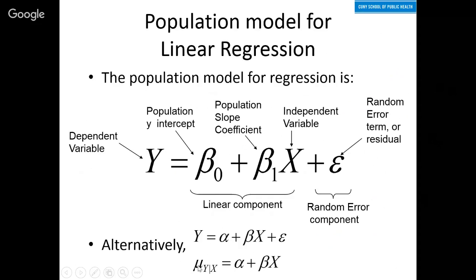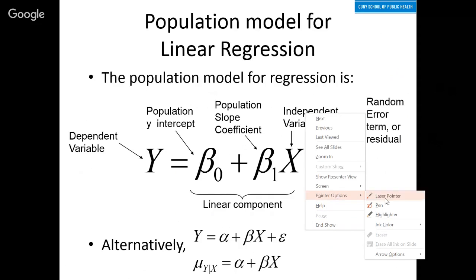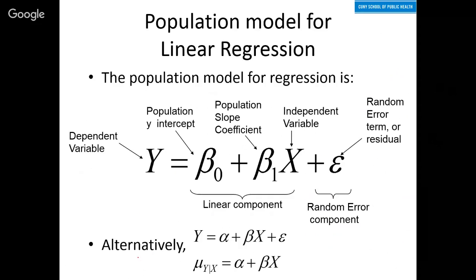This mu y conditional on x is also called the expected value of y, and it is sometimes instead written as the expectation value of y given x equals. All of these are representations of the same thing.